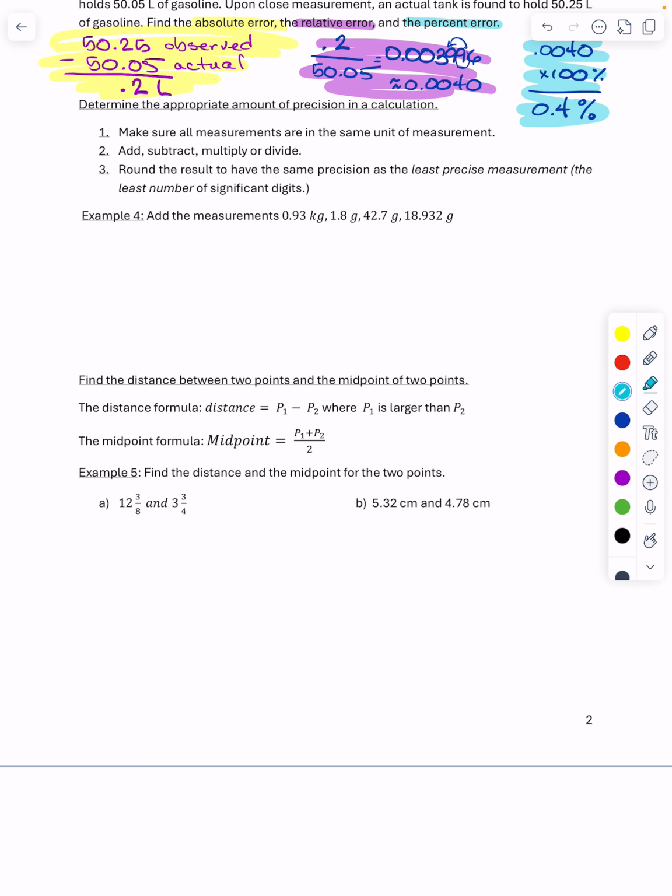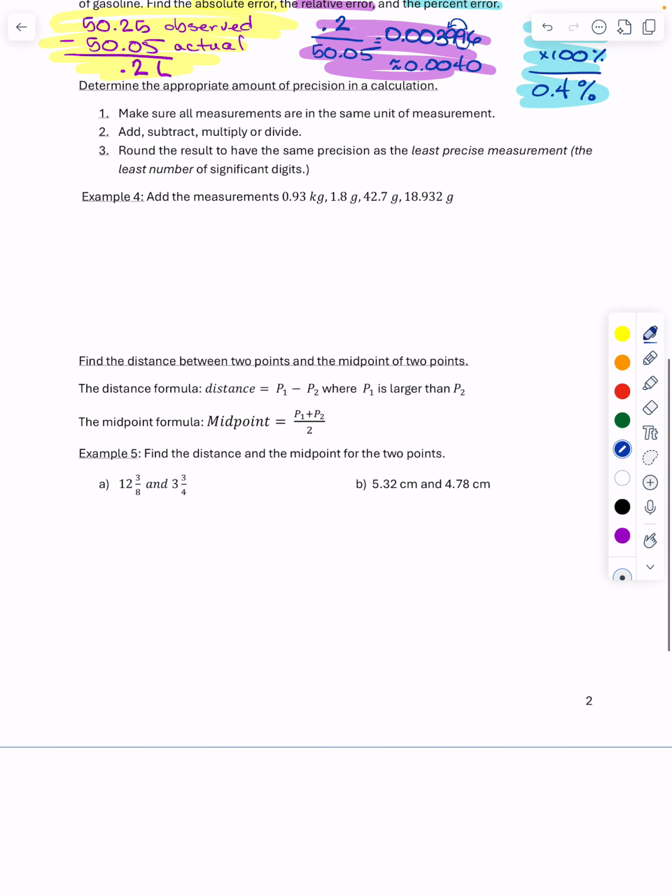Okay. So let's talk about precision. Whenever we are adding, subtracting, multiplying, or dividing, we want to make sure that everything is in the same unit of measurement. So here I've got 9.3 kilograms, 1.8 grams, 42.7 grams, and 18.932 grams.